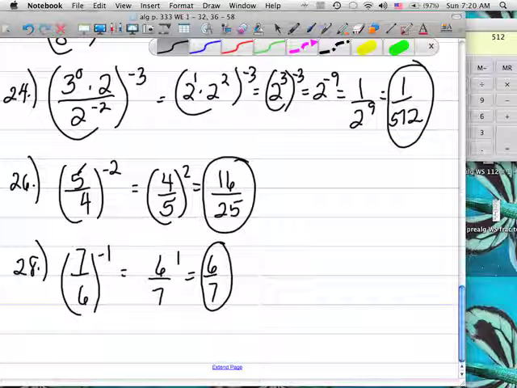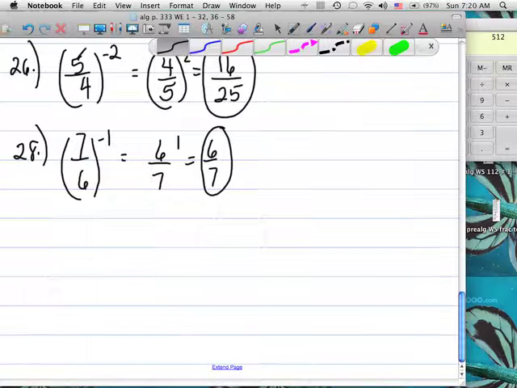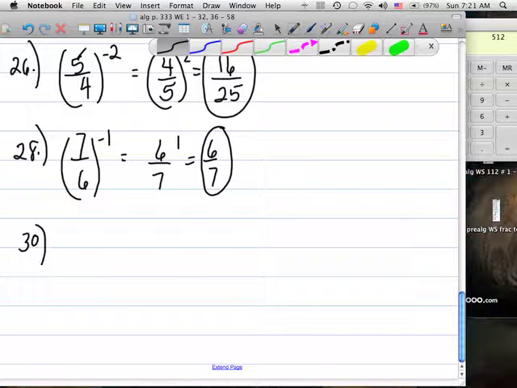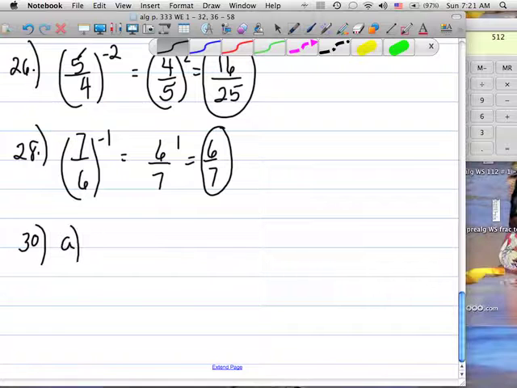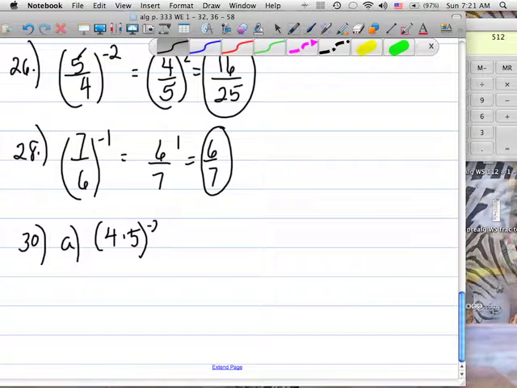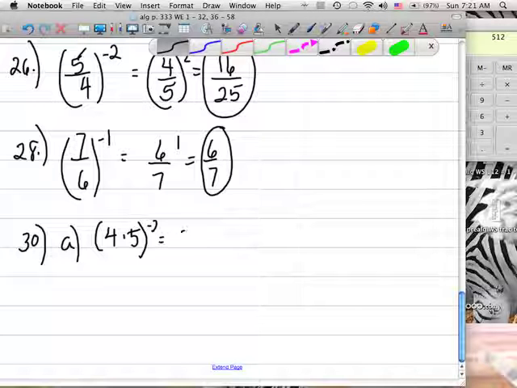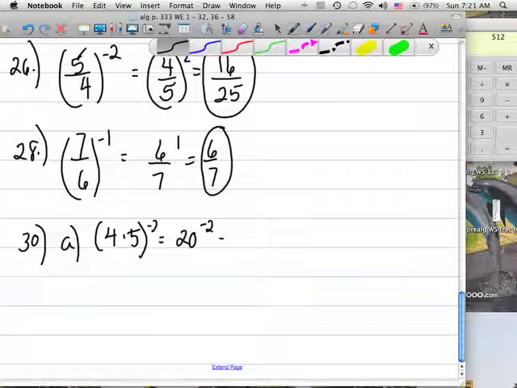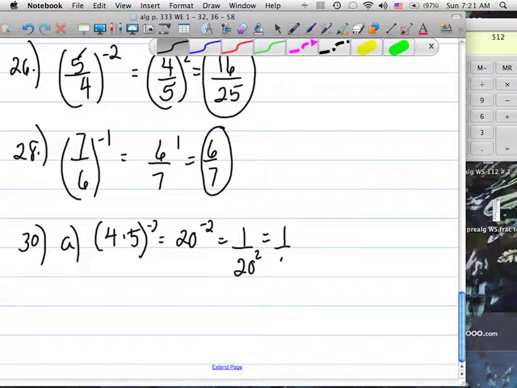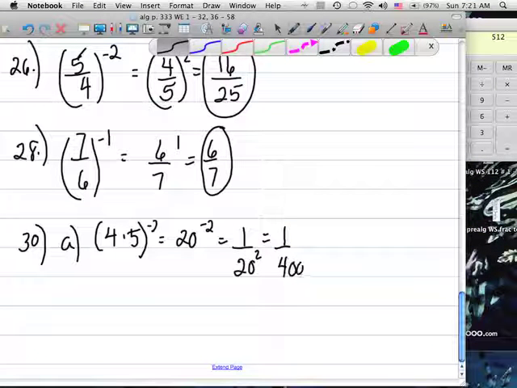And problem number 30. Has 2 parts. A, 4 times 5 to the negative 2 power. So that's going to be 20 to the negative 2 power, which becomes 1 over 20 to the second power, which is 1 over 400.